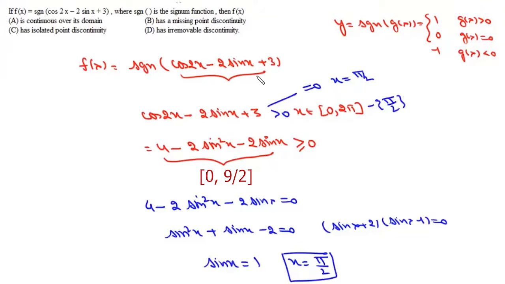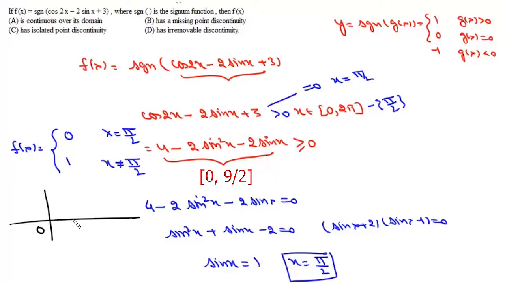Now we'll talk about this signum function. So this function f(x) will be 0 at x equals pi by 2, and it will be 1 when x is not equal to pi by 2. Now if we draw graph of this function f(x), will be this 0 and then pi by 2, and this is 2 pi.